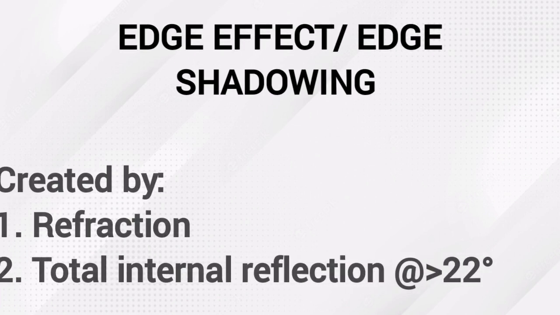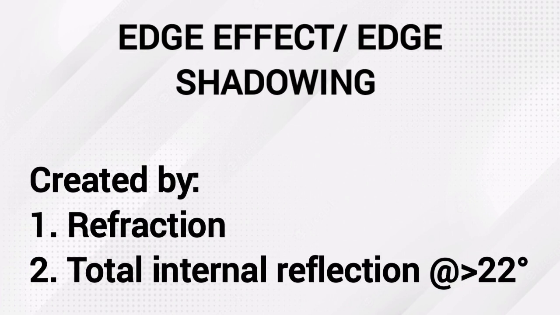And the other type that occurs is total internal reflection, when the sound beam passes from a lower velocity to a higher velocity structure and strikes the edge of the curved structure obliquely at a critical angle of 22 degrees or more. For example, you have amniotic fluid as against the fetal head.